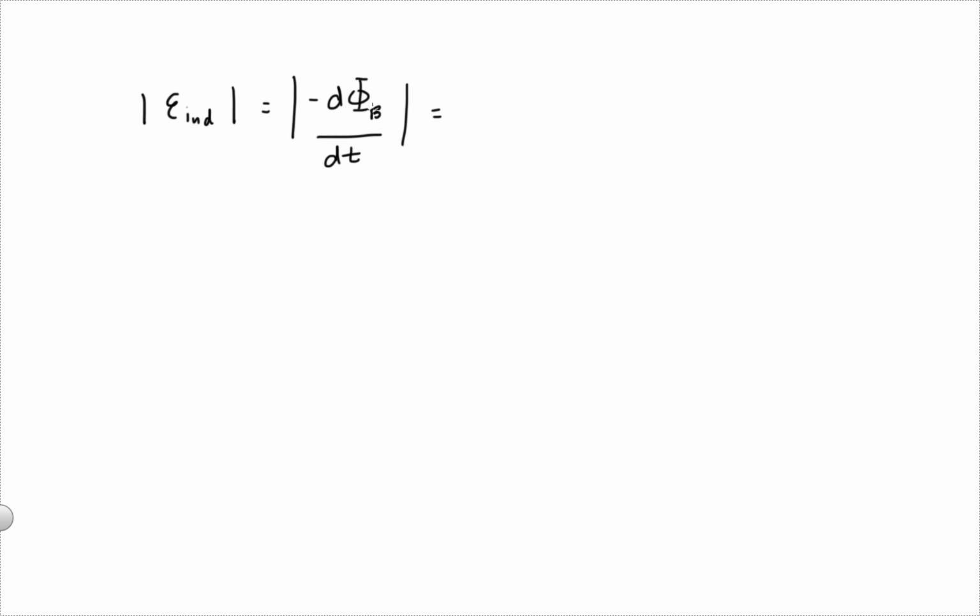So in order to estimate this, we need to know what the flux is. Well, the flux is going to be B times A, right? And so this is going to be the magnitude of d(BA)/dt. And we can drop the minus sign here and just deal with magnitudes.